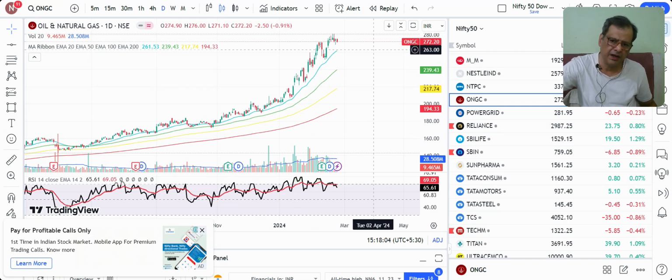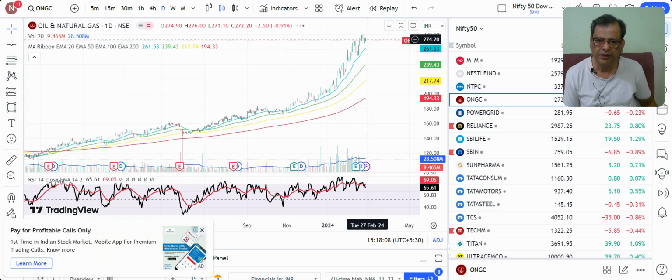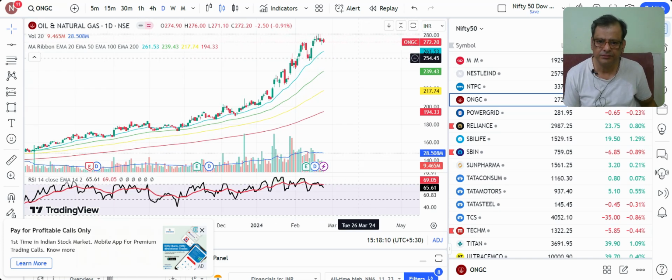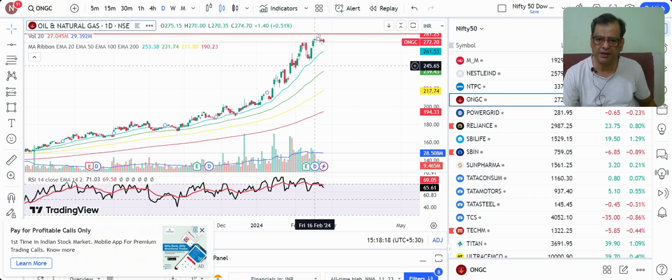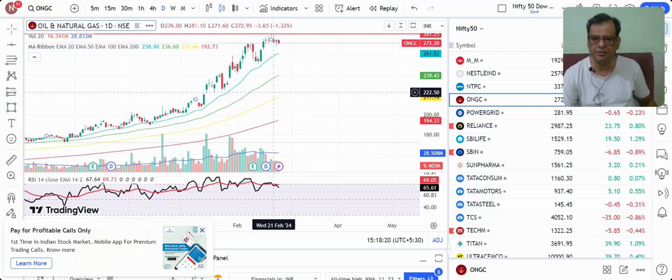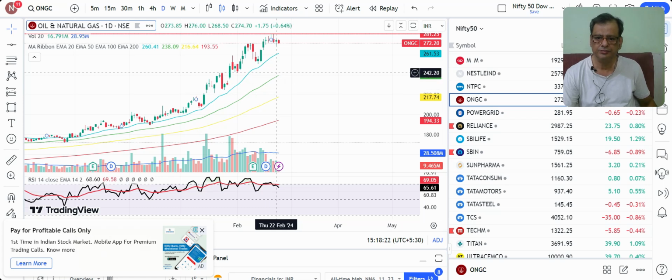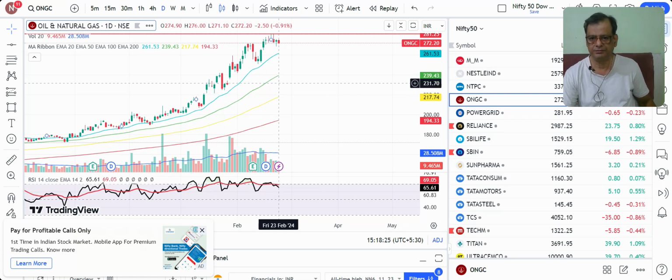So where do we have resistance here? We have clear resistance here. Why clear? Why is the price bouncing off? Why do you think, ladies and gentlemen, that there are so many wicks? Price is not able to hit. So price is bouncing off.